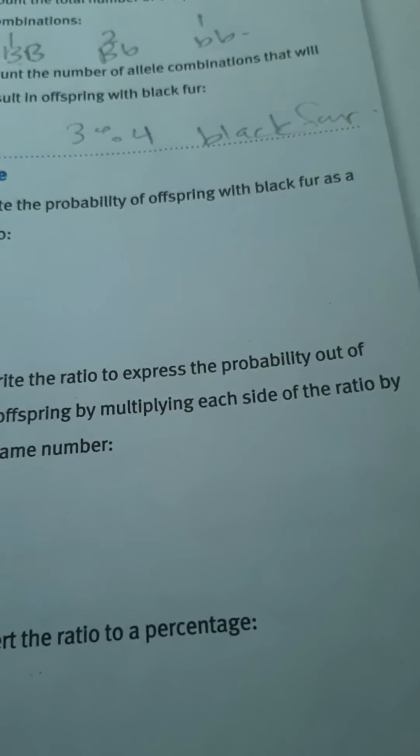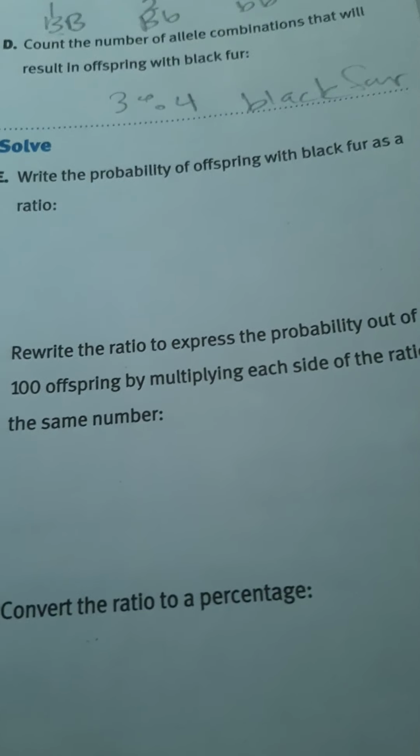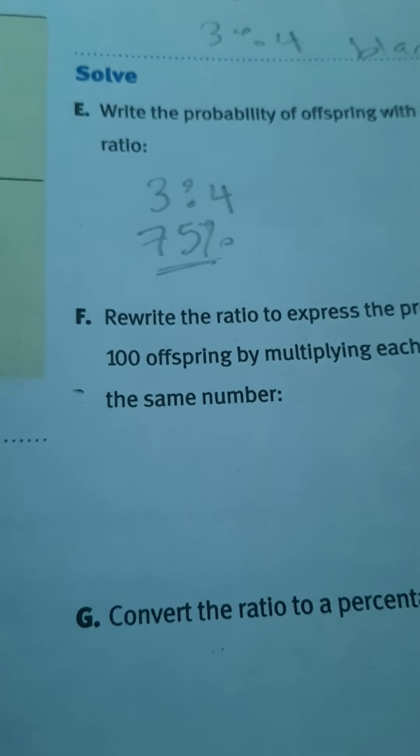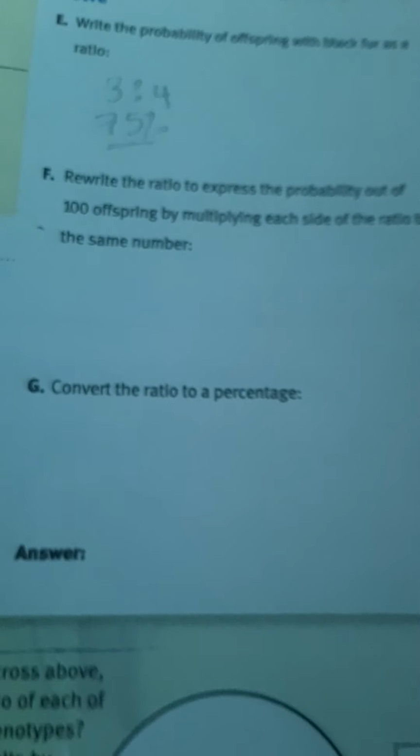Write the probability of offspring with black fur as a ratio. We can say 3 out of 4, or we can say 75%. This is the ratio. 3 out of 4 will give you 75%.